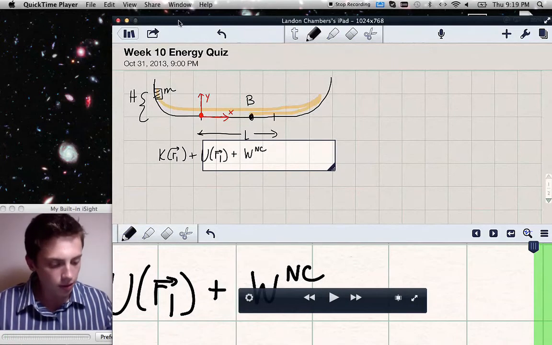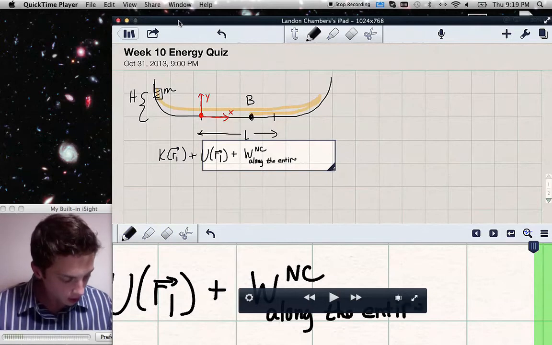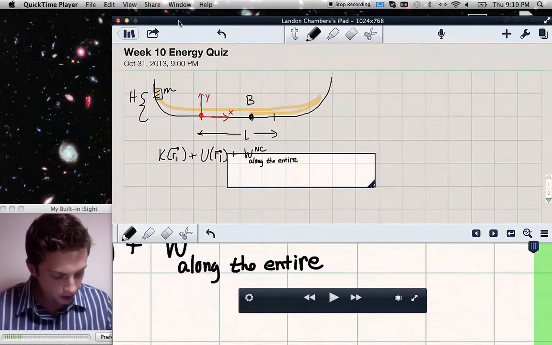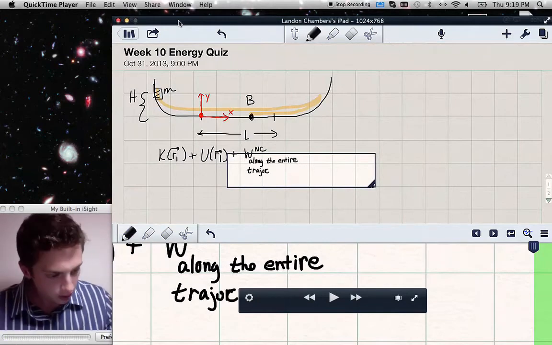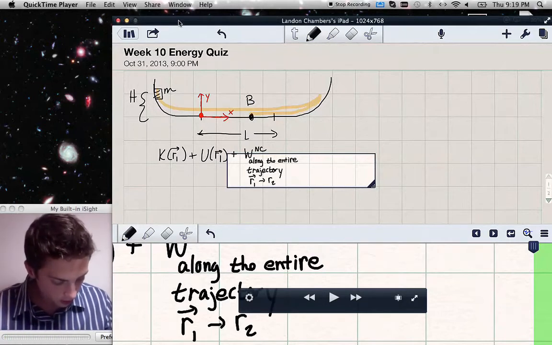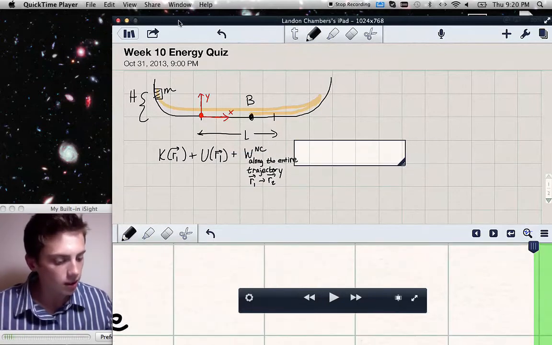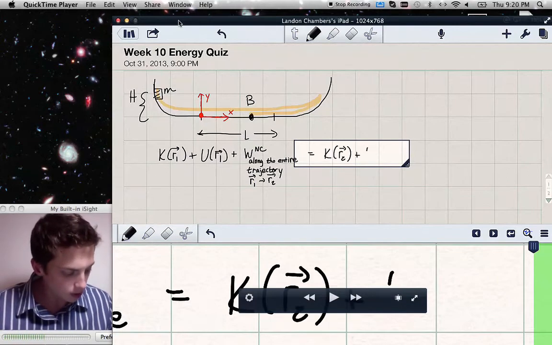Now we have to be careful because this is going to be along the entire trajectory, just to be clear, from R1 to R2. We'll see what that means in a second. That's equal to the kinetic energy at a point R2 plus the potential energy at a point R2.